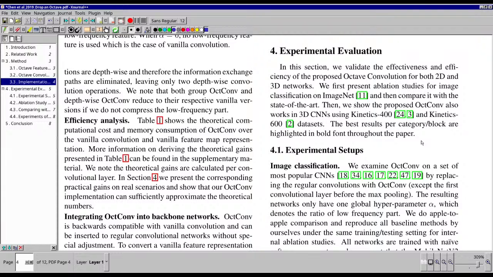Why? We note that both group OctConv and depth-wise OctConv reduce to their respective vanilla versions if we do not compress the low frequency part. Why would that happen?